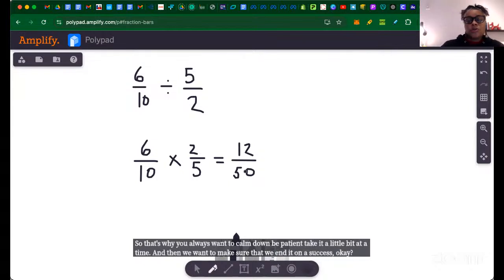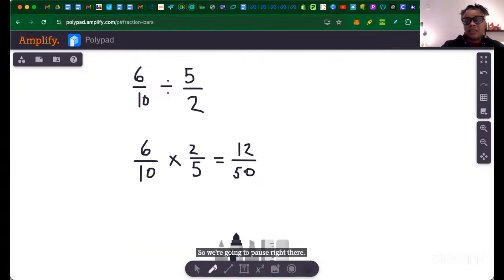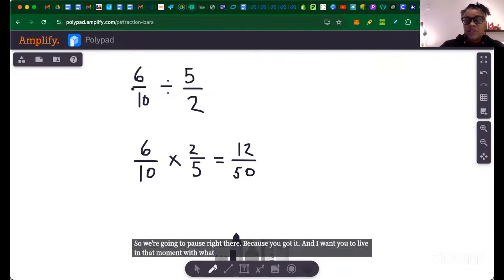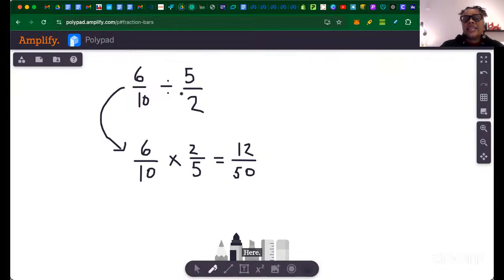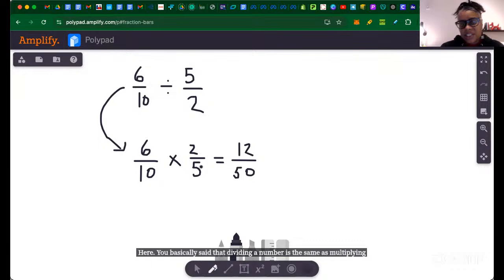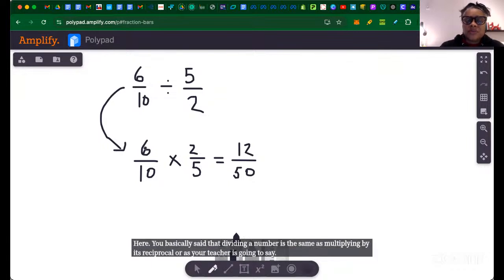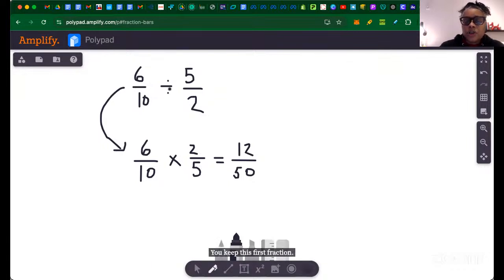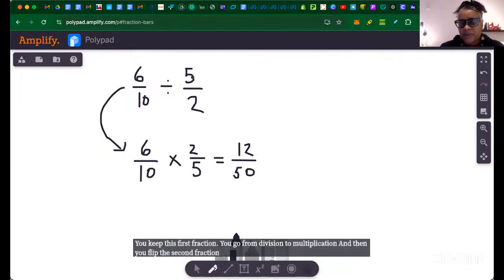So we're going to pause right there because you got it. And I want you to live in that moment with what you did. And so let me just review for you. Here, you basically said that dividing a number is the same as multiplying by its reciprocal, or as your teacher is going to say, you keep this first fraction, you go from division to multiplication, and then you flip the second fraction or take the reciprocal of it. 5/2, the reciprocal is 2/5.